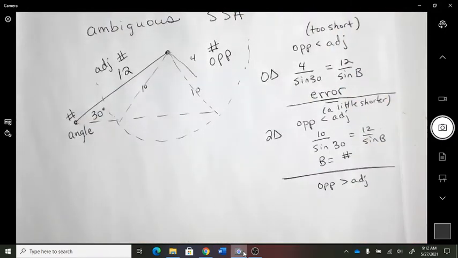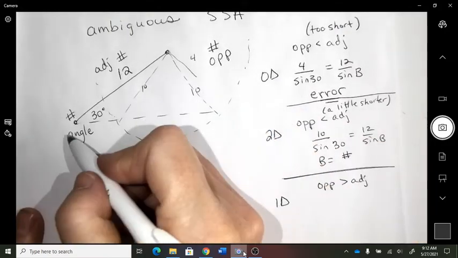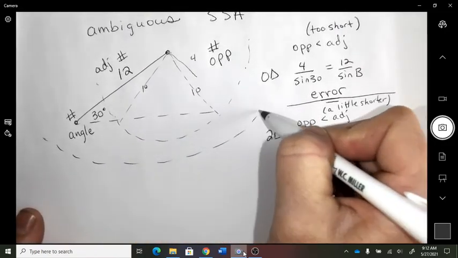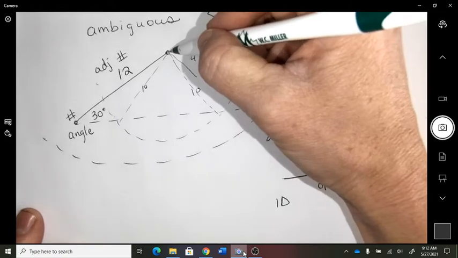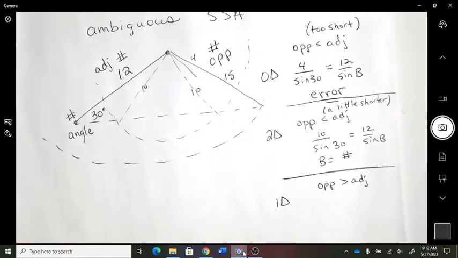It's going to form 1 triangle instantly. You don't have to test anything. So if that's like 15, it's going to swing past, there's only going to be 1 triangle that forms. So we don't even have to test it out.